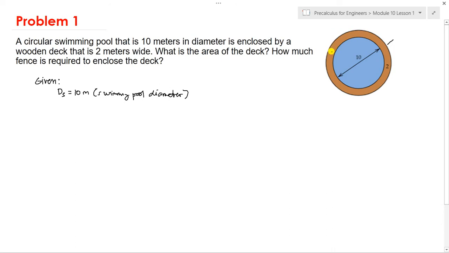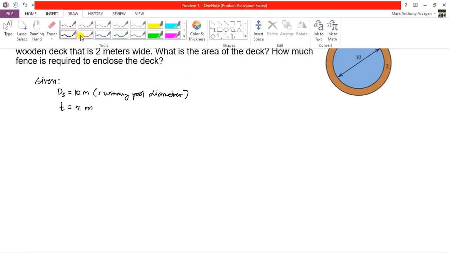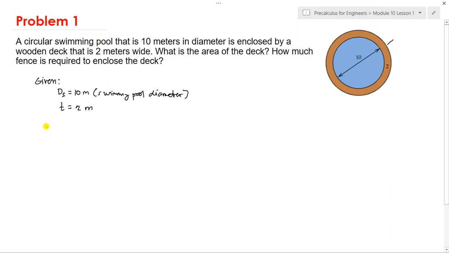So kanang kilid sa swimming pool, wood man ang gamit. So that is thickness of the wooden deck is equals to 2 meters. So required here. The required is what is the area of the deck.